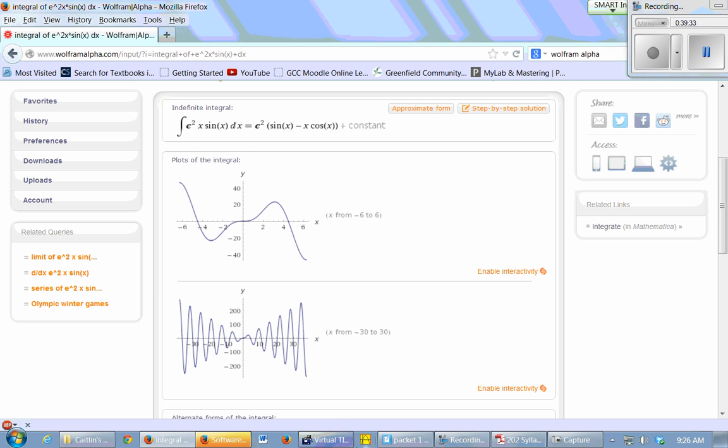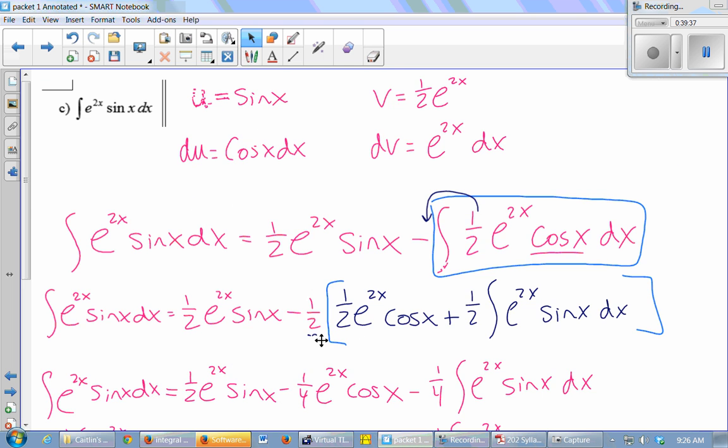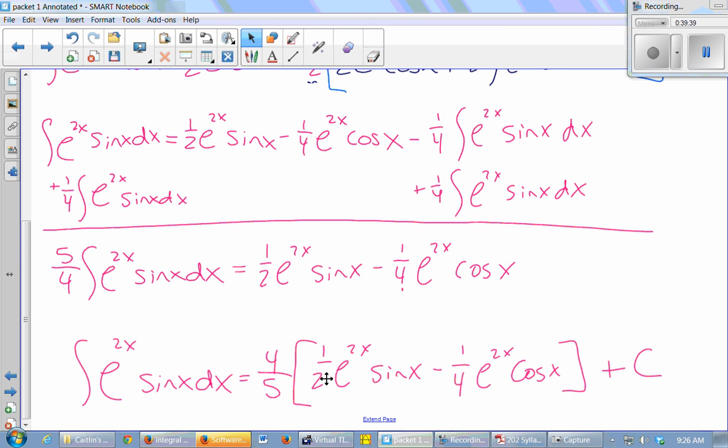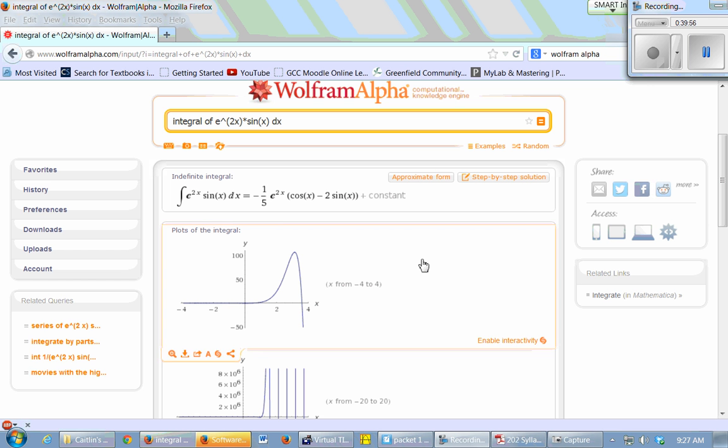So we've got e squared times sine x minus x cosine x. So e squared, that makes sense. We're missing an x in there somewhere. So there's a mistake in this somewhere.